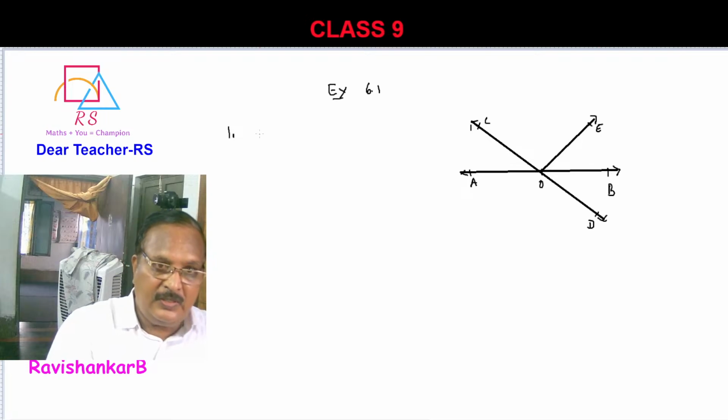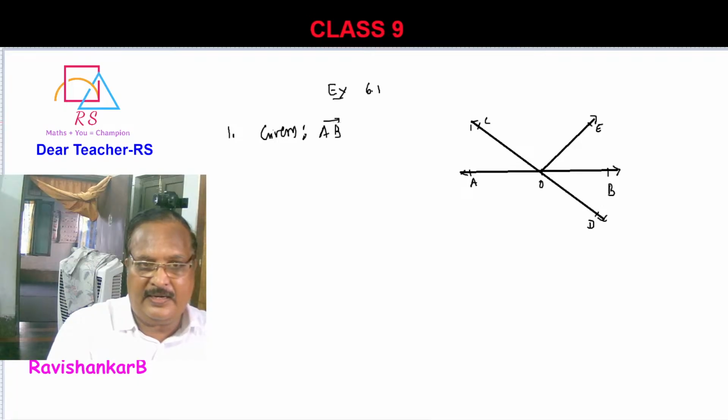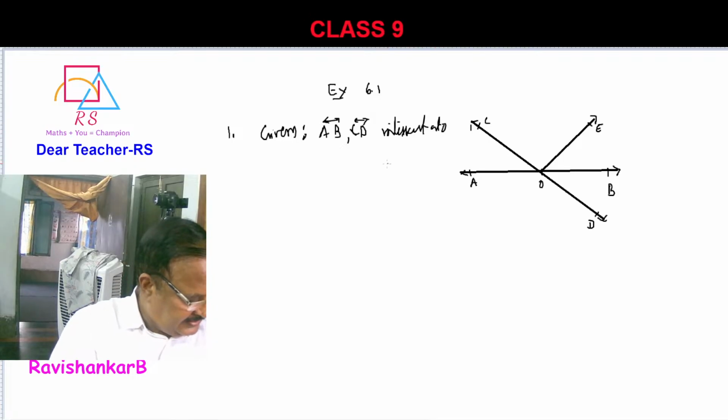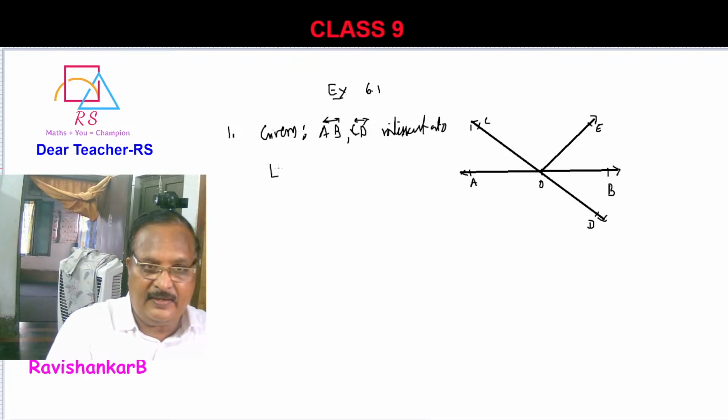So what is given? AB and CD are lines intersecting at O, plus angle AOC plus angle BOE is equal to 70 degrees.